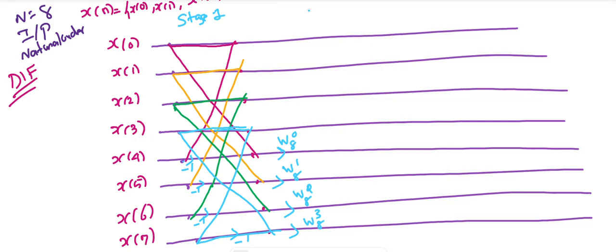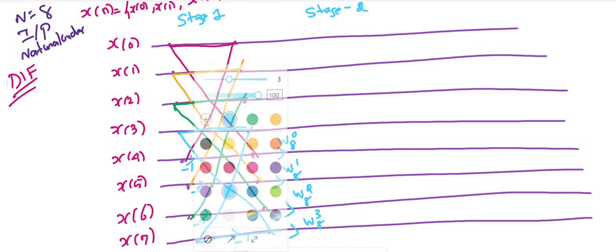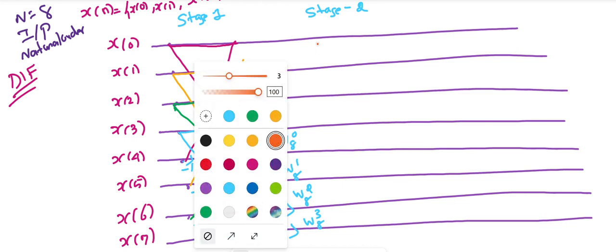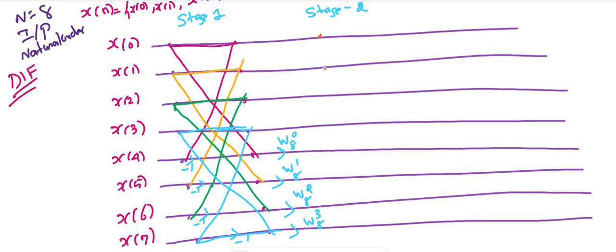The stage 2 computation. So 4 butterflies, each stage 4 butterflies only. Okay, each stage it will be 4 butterflies only. So the second stage, the first butterfly.